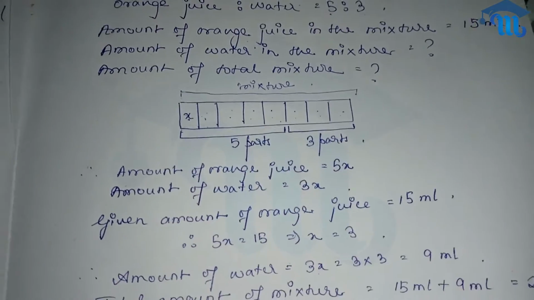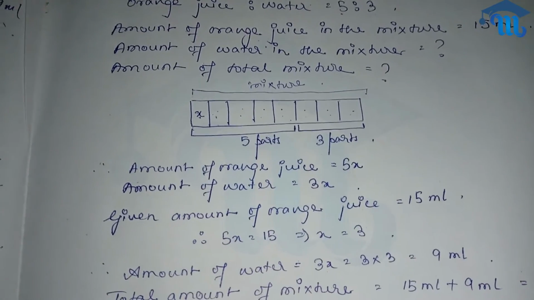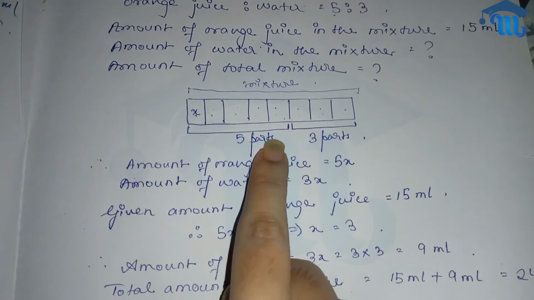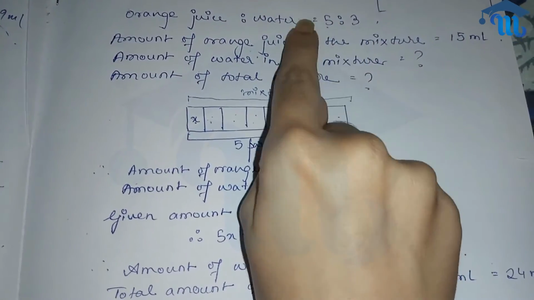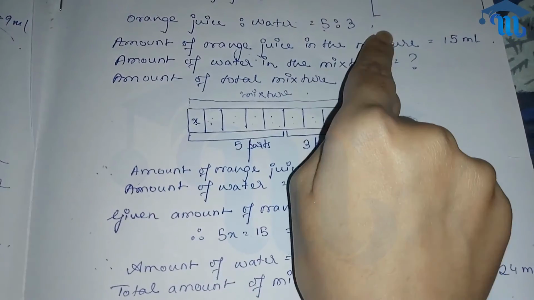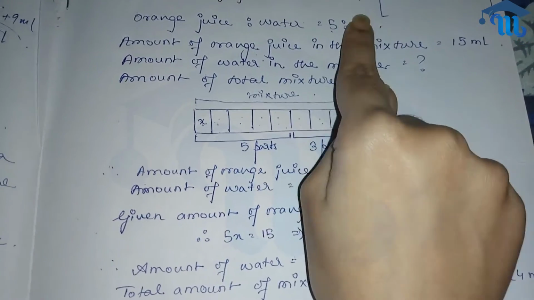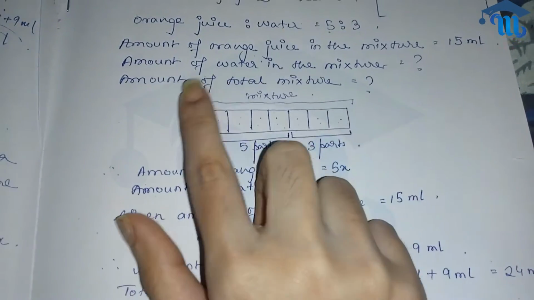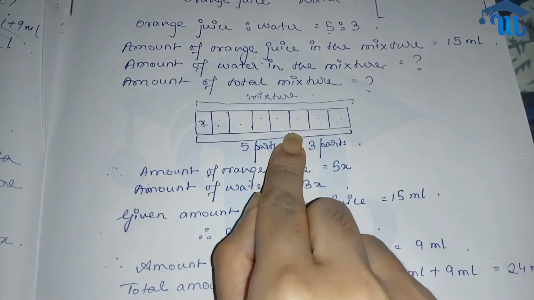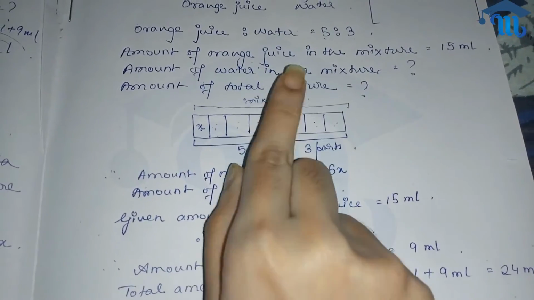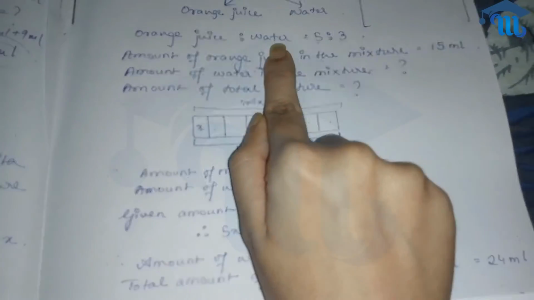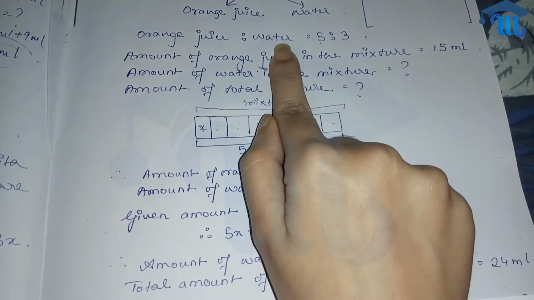Then this mixture contains 5 parts of orange juice and 3 parts of water, because the ratio is 5:3.